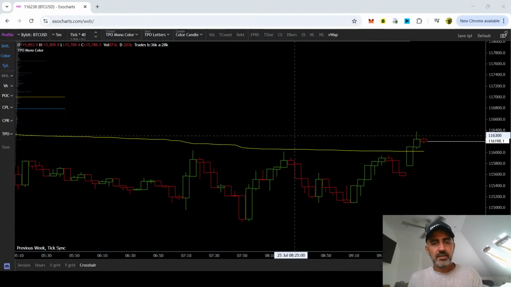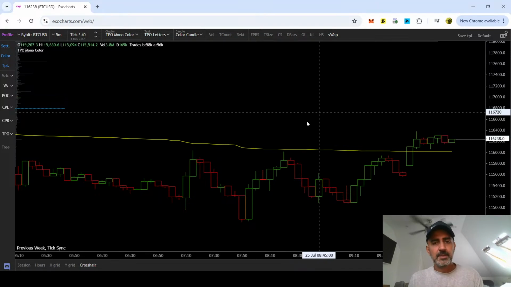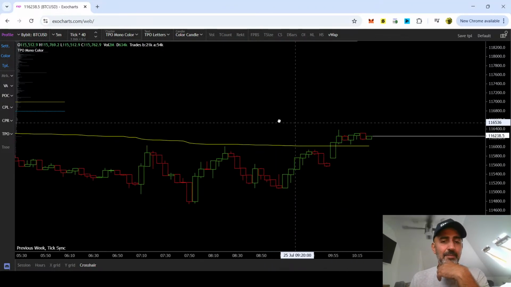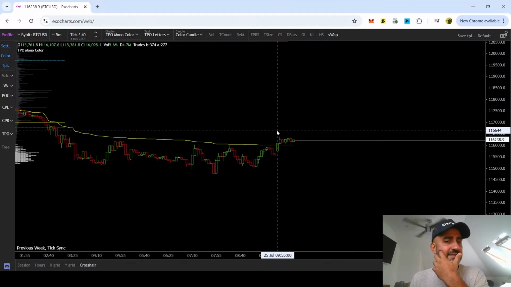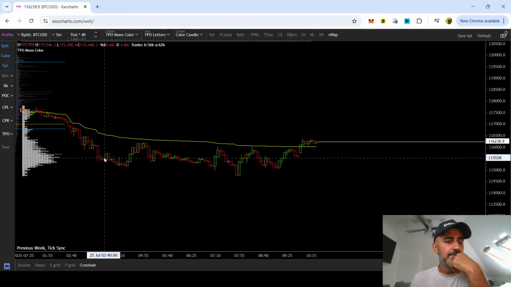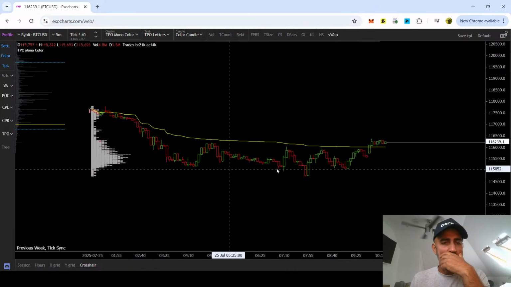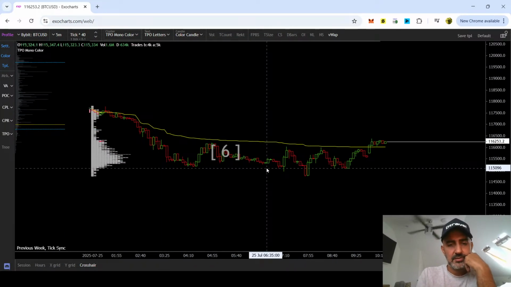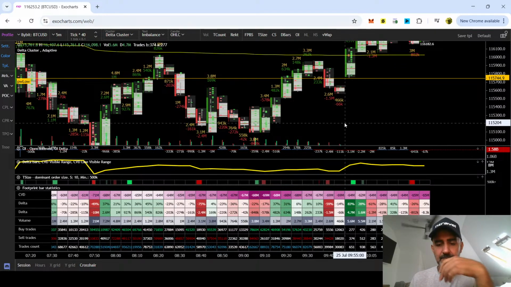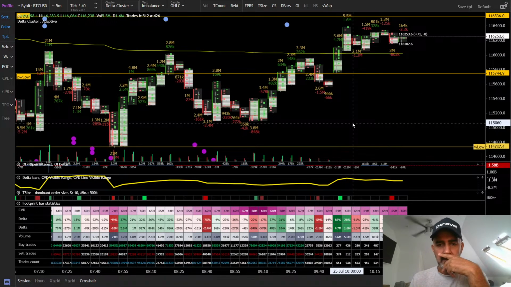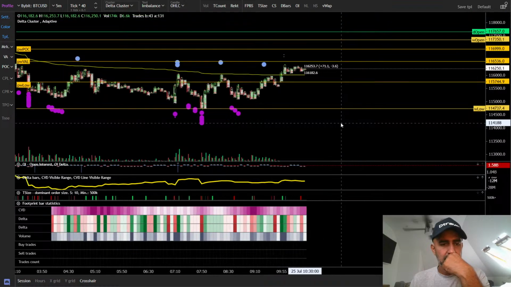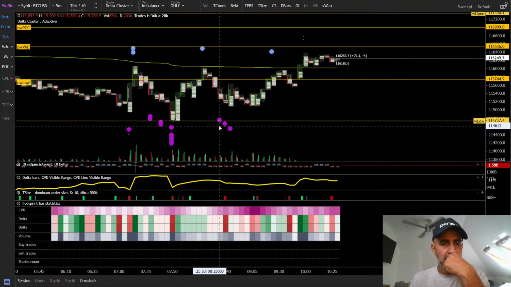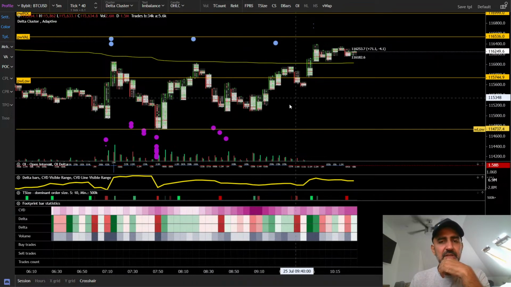I'm looking at the order flow, and we're back above the VWAP, so that's the first sign of strength that I've seen. There's quite a lot of volume in this lower range right now, and there's liquidations on both sides.